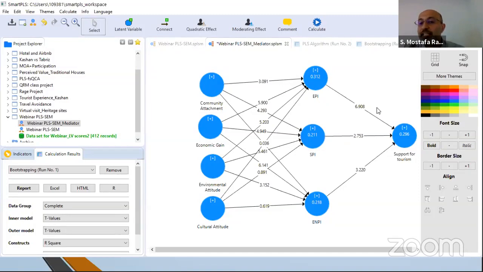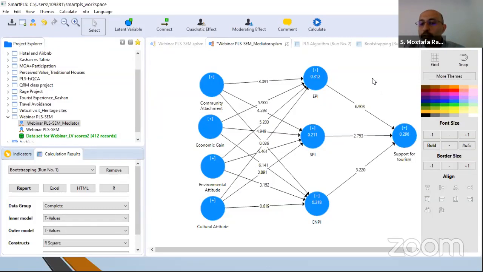You know this effect is positive from the literature and from theory, so you hypothesize one tail and you have to choose one tail. But if you don't know whether this indirect effect is positive or negative, then this will be two tail. So this is the first question.